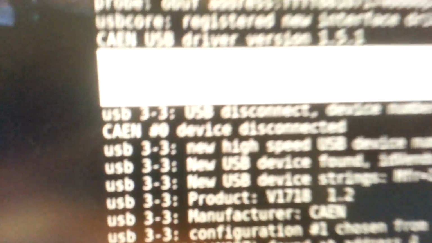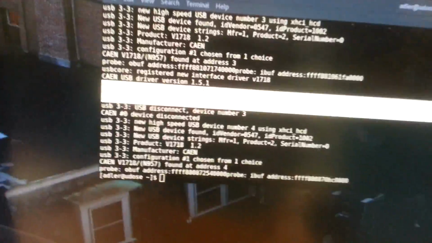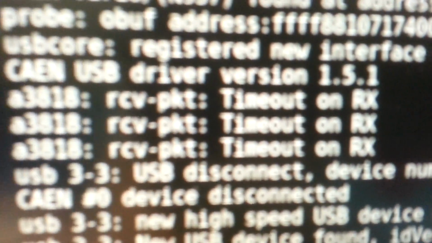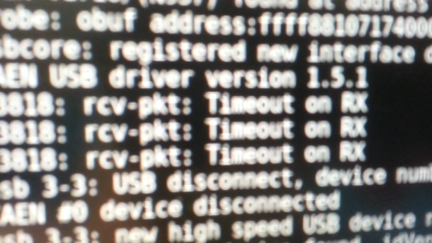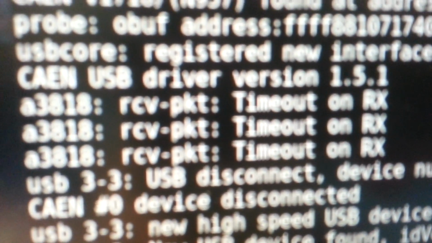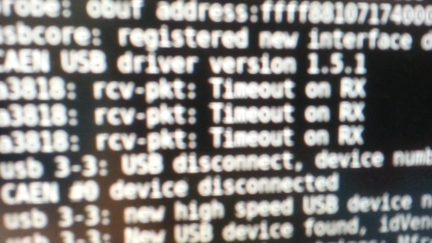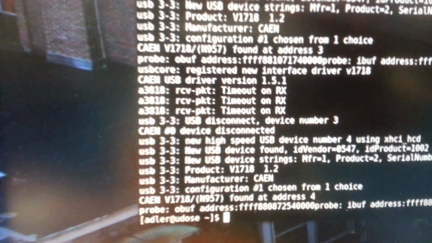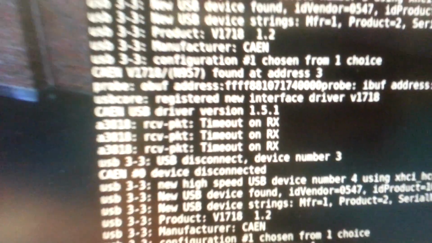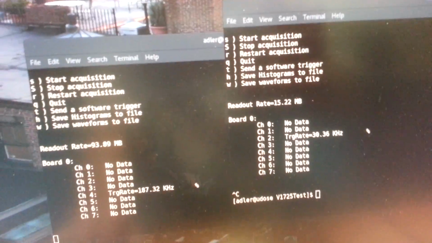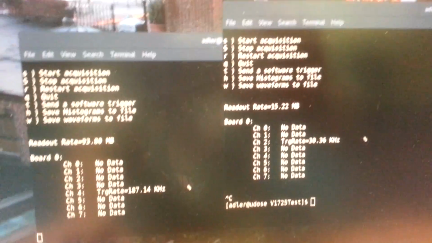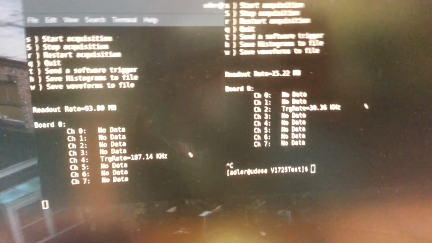And if you look here, I don't know how well you can see this, but in the log file, it shows that I have a timeout that was recorded on the 3818 card. So anyway, we're still getting the timeout. So my assessment is with the 1.52, it's more stable.